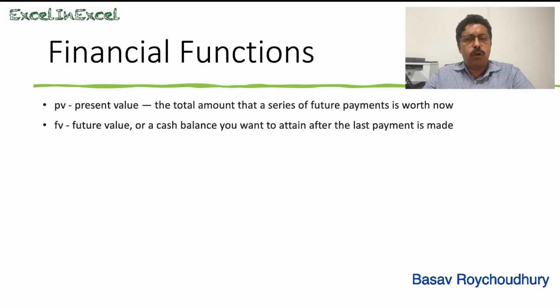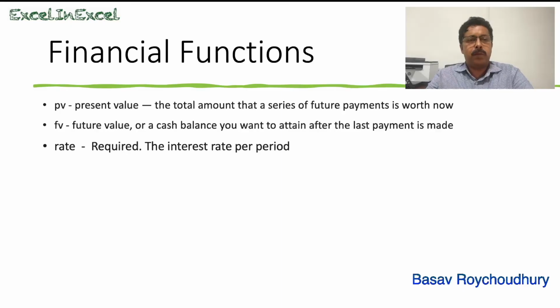Or if I take a loan today, that 1 lakh loan, what will be the future value of the loan? If I'm taking that loan for 5 years, at the end of 5 years the future value of the loan should be 0 because I would have repaid everything. But at the end of 3 years, what would be the future value of that loan? So I can figure out a future value like that. And again, it can be positive or negative depending on whether it is coming to me or going out of me.